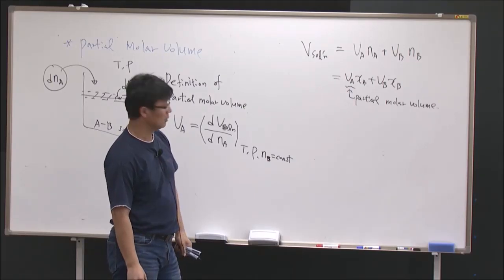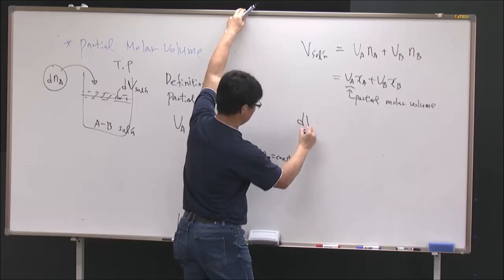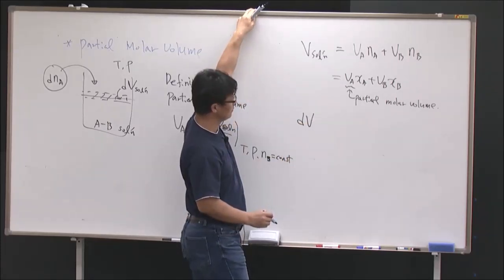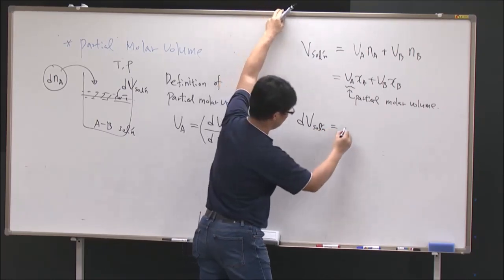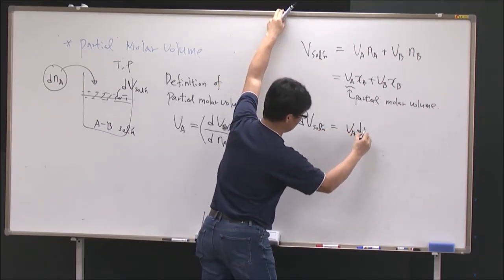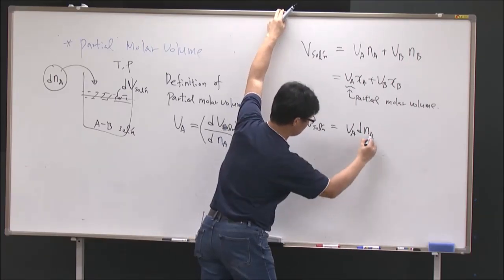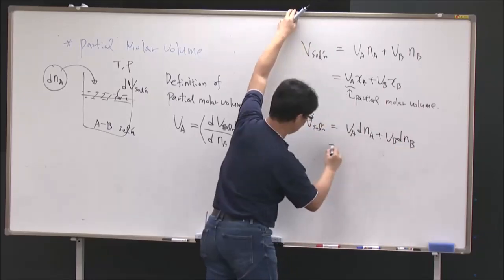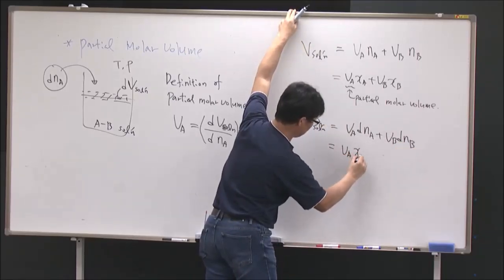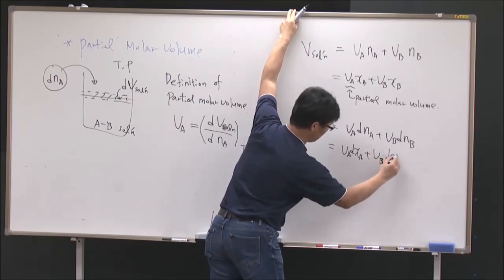And then from this definition, dV equals VA dNA, so this is VA dXA plus VB dXB.